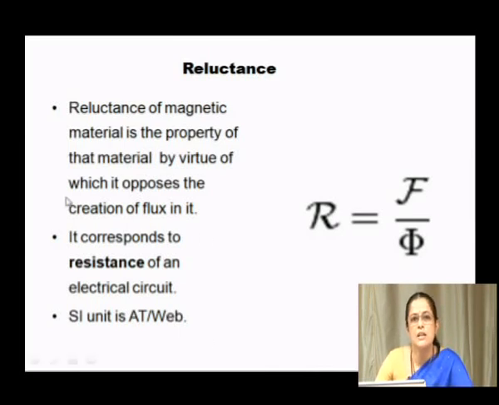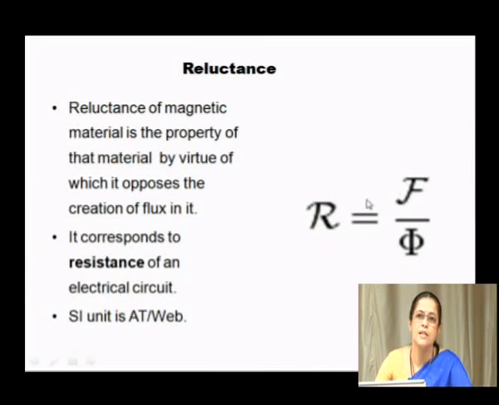It is very much similar to the resistance in an electrical circuit. And the unit of reluctance is ampere turns per Weber. It is given by the equation R is equal to M.M.F by phi.